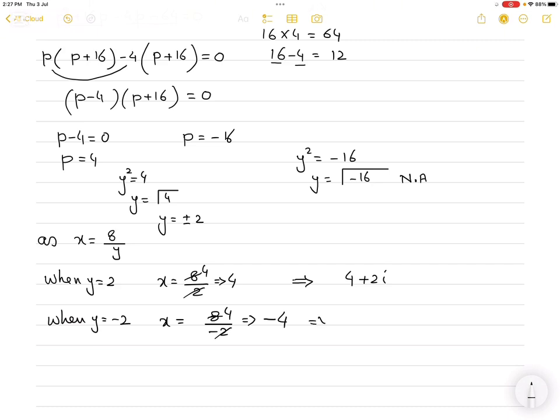And from my second part, when my y was negative 2, my x was negative 4, so I can write negative 4 minus 2i. We can write it in the combined way as plus minus (4 plus 2i). And this is in the Cartesian form.